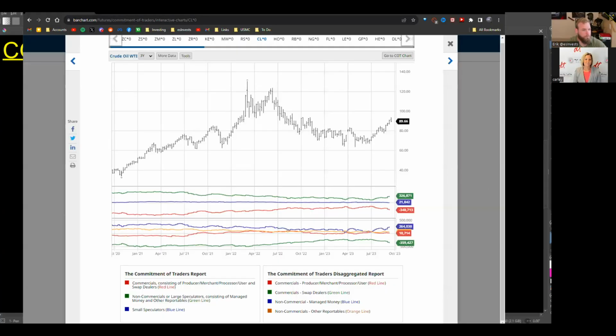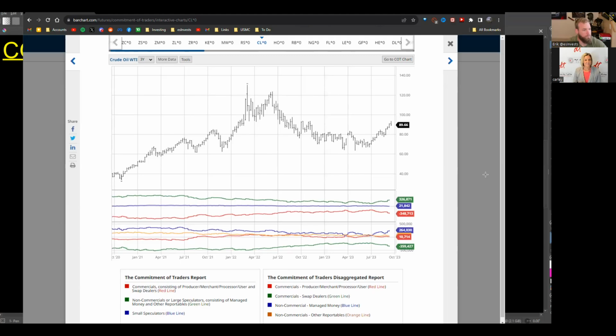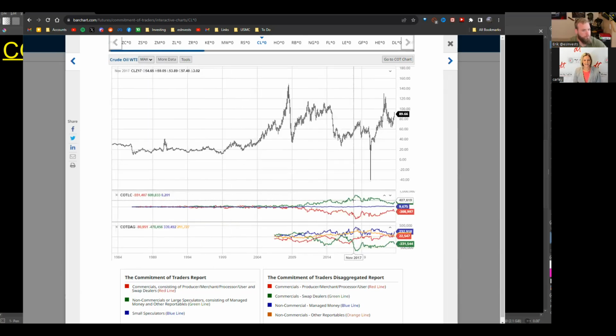For example, if you're looking at something like crude oil, as I mentioned just a few minutes ago, large speculators are generally always net long in crude oil. But we've seen them as net long as, I think, about 750,000 contracts is the all-time high. We've seen them just recently, as last year, I think they were holding about 500,000 contracts. And interestingly enough, up until maybe a month or so ago, they were only holding 140, 150,000 contracts.